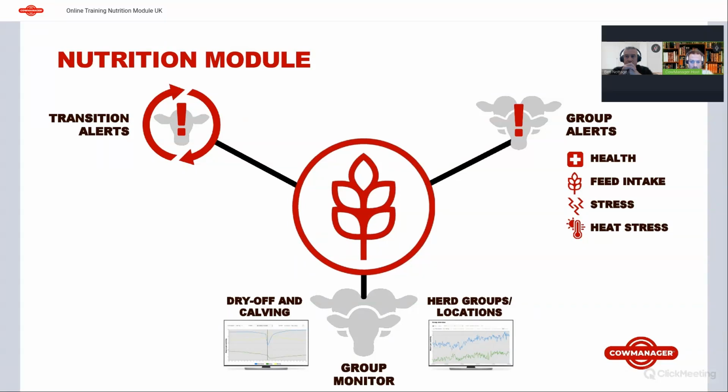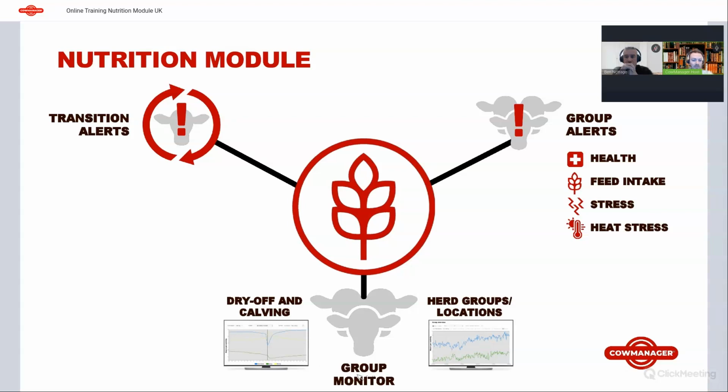non-existing physical groups. So let's say you want to see what the difference is between parity 2 and parity 3 animals, which are maybe all together in one group. You can still see what the difference is, for instance, around calving or around dry off or even within time.